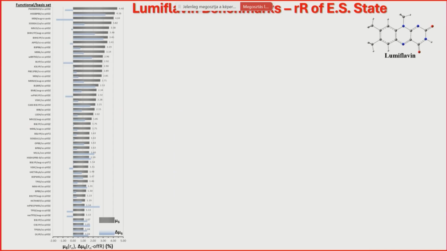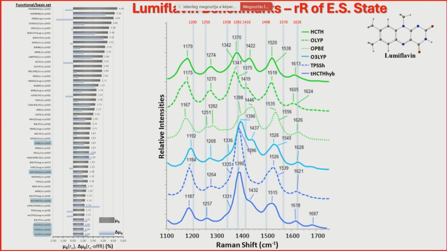The gray bars are the average percent errors for each of those, so they are sorted from worst to best, and delta is the difference, positive if the correlation improves with the inclusion of resonance Raman intensities, and negative if it worsens. We can see that for most calculations, inclusion of the resonance Raman intensities improves the correlation.